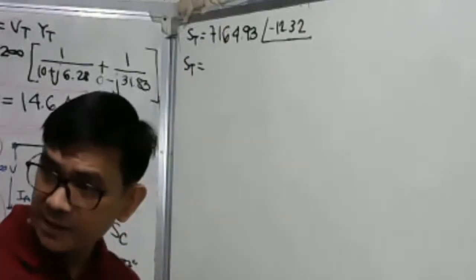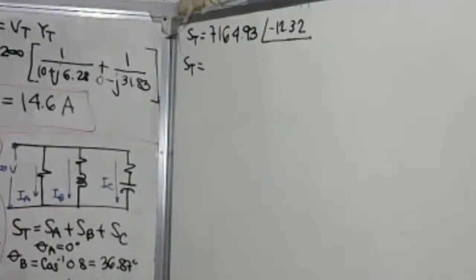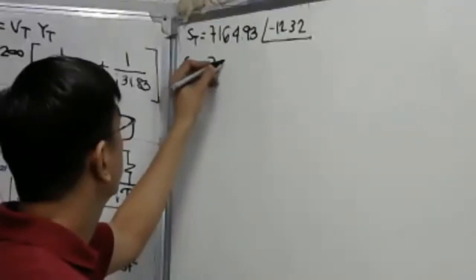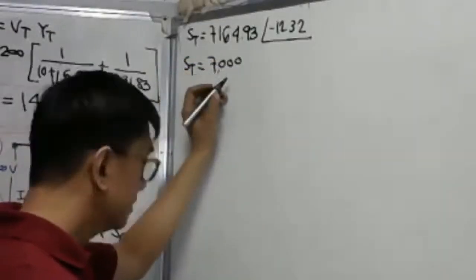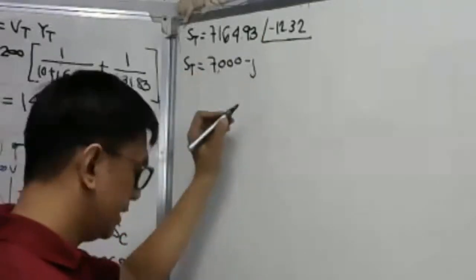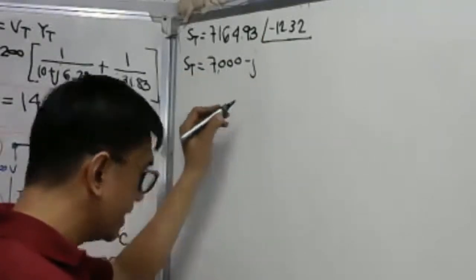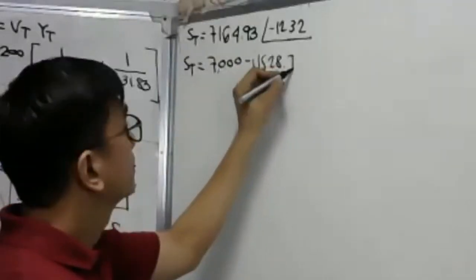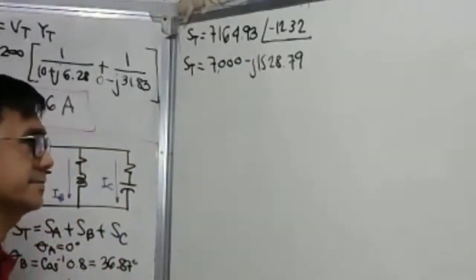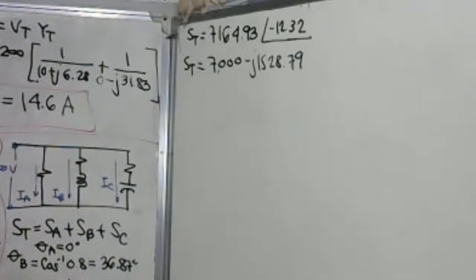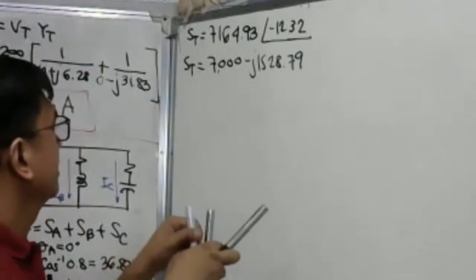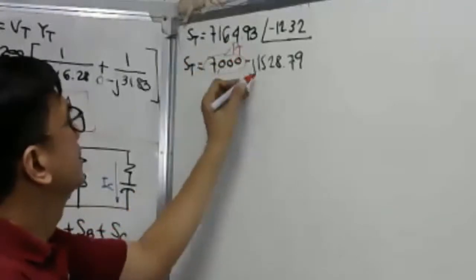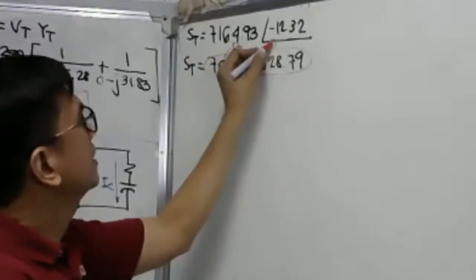That is approximately 7,000, which is our P, and negative j 1528.79. So if this is ST, this is our PT and this is our QT.